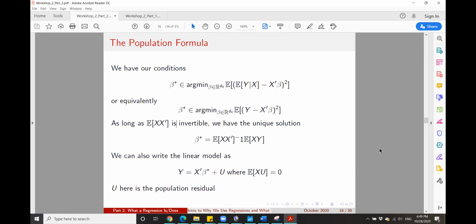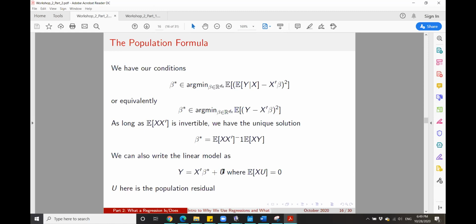Okay, so when you have this, you can also write it down as a linear model instead, where y equals x transpose beta star, where again beta star is these coefficients, and u is an error term.